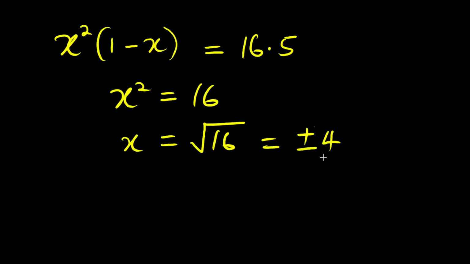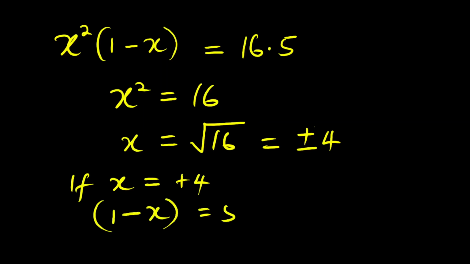Now, one thing to know is that x cannot be positive 4. Why is that? We are going to use the second factor to test for this. If x is equal to positive 4, then by comparison, 1 minus x is supposed to give us 5. So let's test for this. If x is plus 4, we have 1 minus 4, which equals 3, which is not equal to 5.